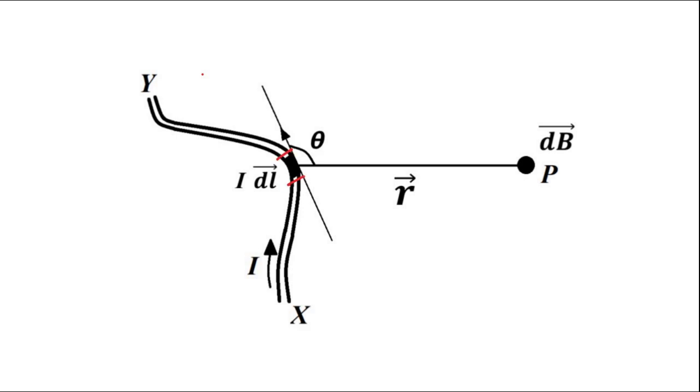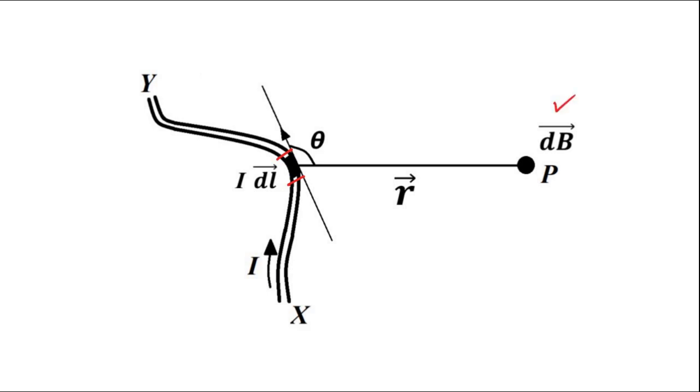The current element is signified as I dl vector. It is at an angle theta: if we draw a tangent at this point, it makes an angle theta with the straight line connecting this current element and the point P, where we want to determine the magnetic flux density.